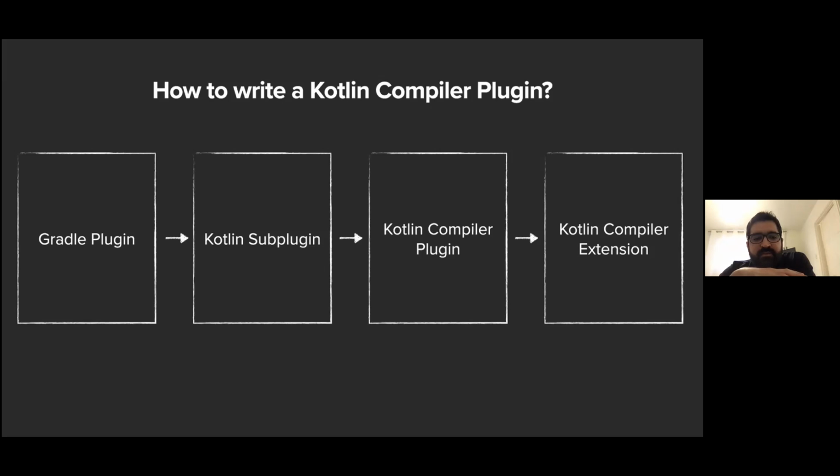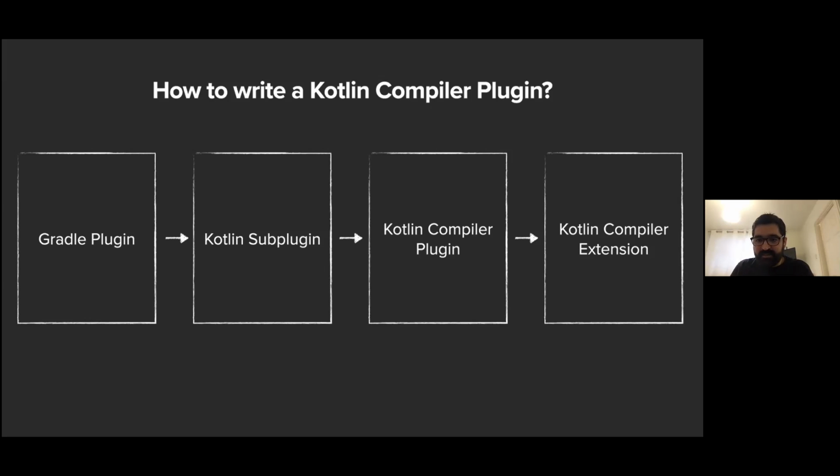Then to the Gradle plugin, you can add some Kotlin dependency, so that you can create what they call a Kotlin subplugin. This Kotlin subplugin is then later going to connect to, or fetch, the actual Kotlin compiler plugin, which should be in a separate module. And then finally, the Kotlin compiler plugin is the place where you are going to register your Kotlin compiler extension.